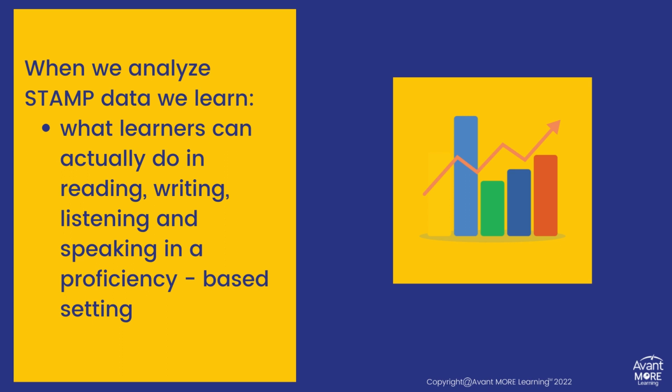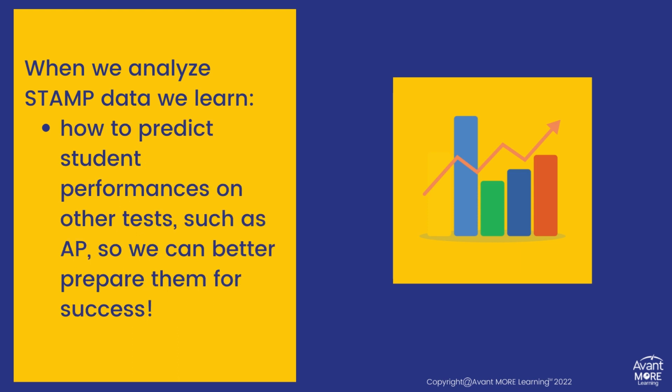When we analyze STAMP data, we learn what learners can actually do in reading, writing, listening, and speaking in a proficiency based setting. We're able to predict student performances on other tests and assessments, such as AP or even IB, or other tests that may be in your district.